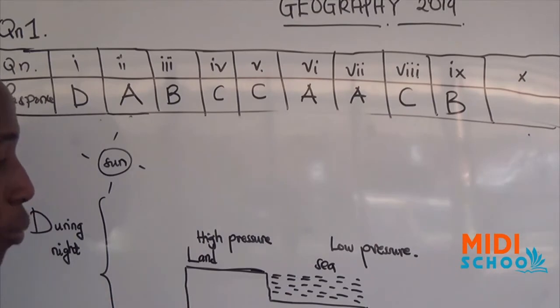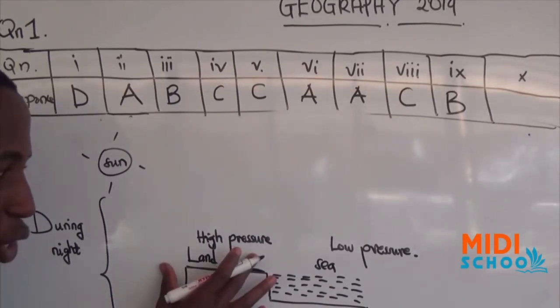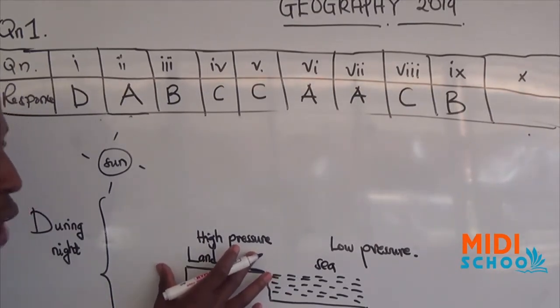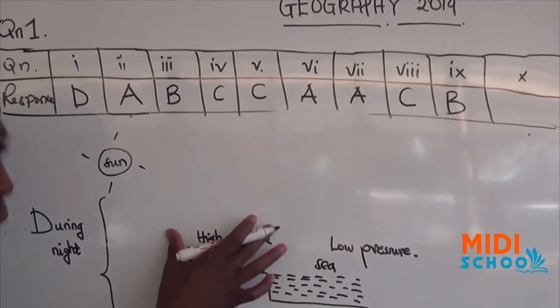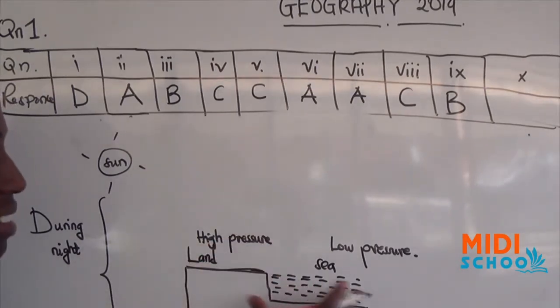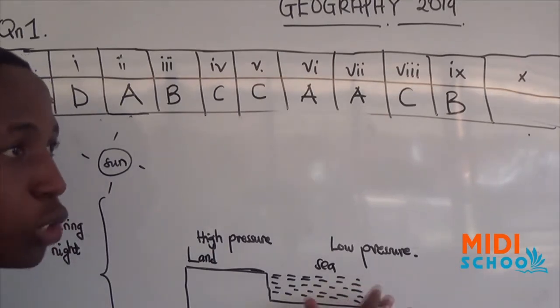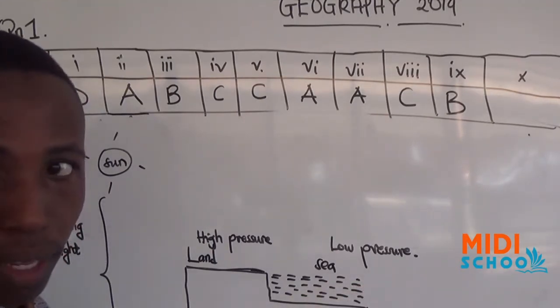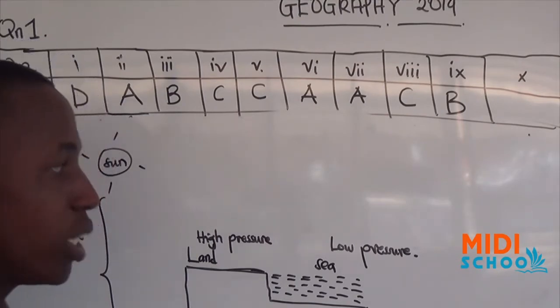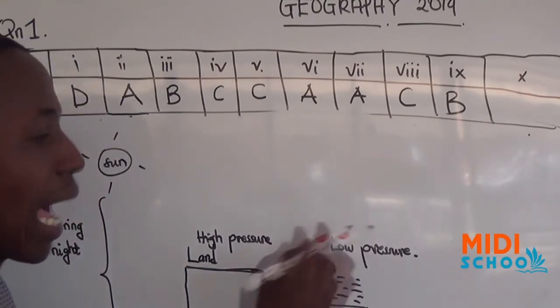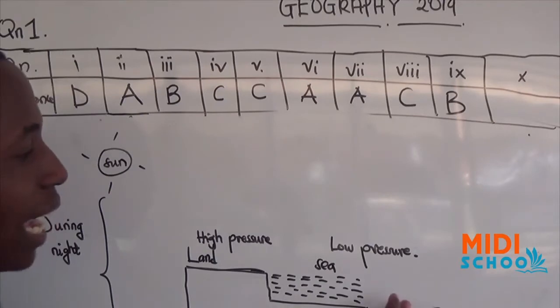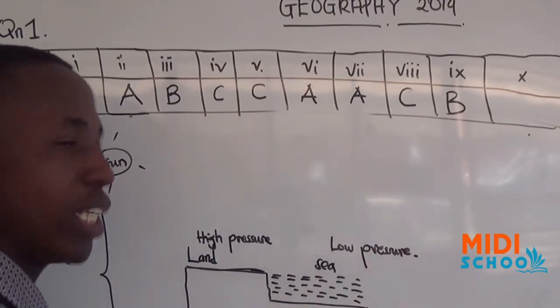on land there will be low temperature, and if there is low temperature, automatically we'll have high pressure. And on the water side, where there is high temperature, due to the releasing of heat absorbed during noon, there will be high temperature. And if there will be high temperature, meaning that pressure will be low.